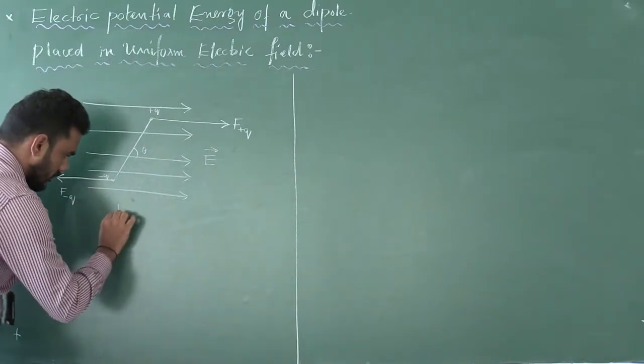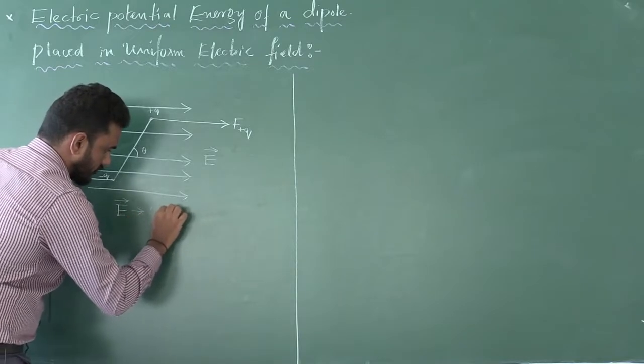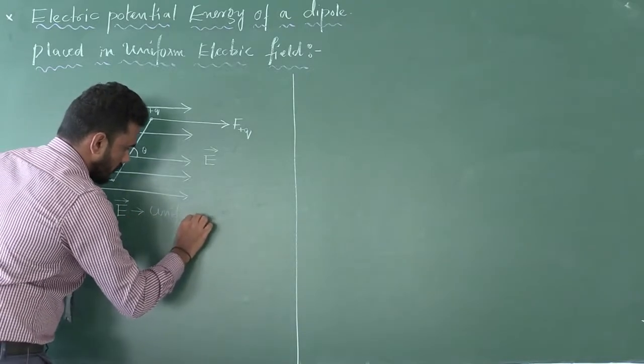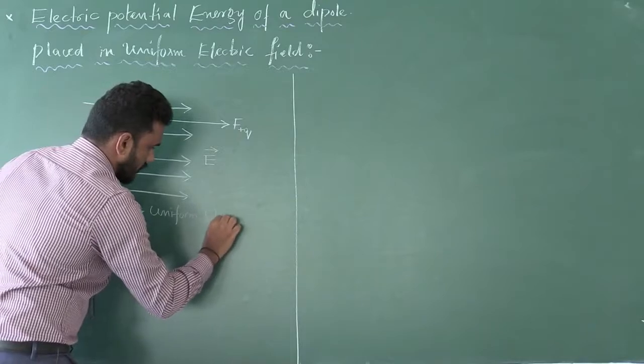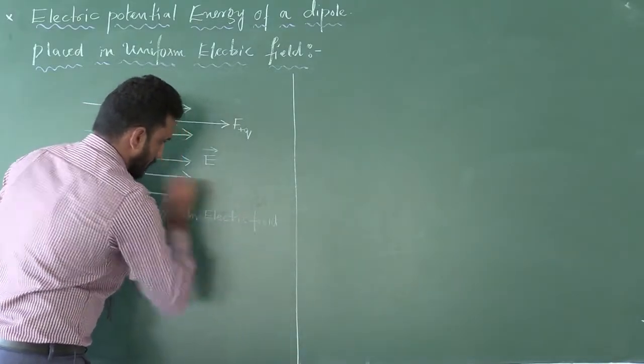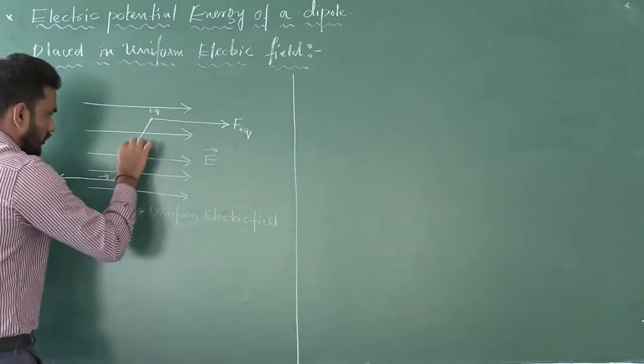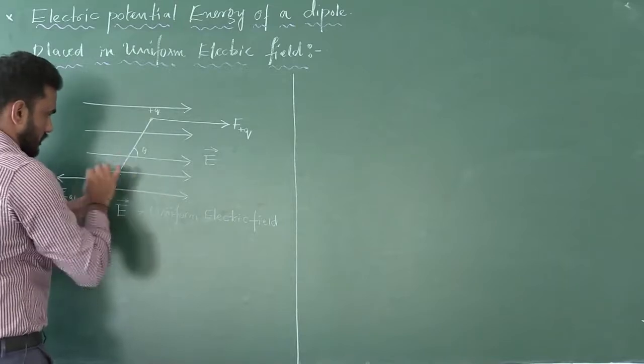So here E is uniform electric field and dipole has dipole moment, which is from negative charge to positive charge.